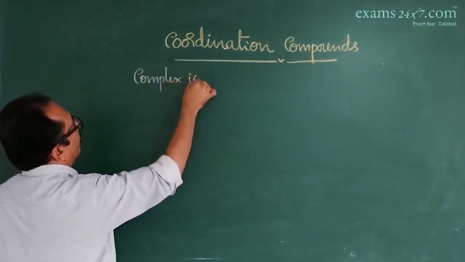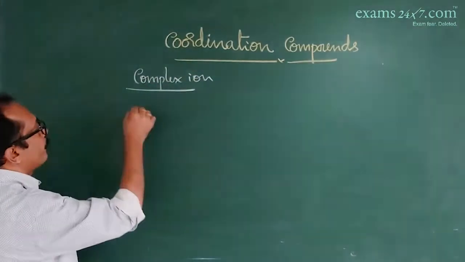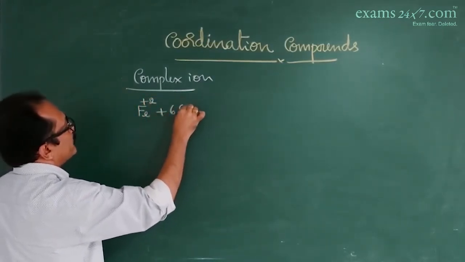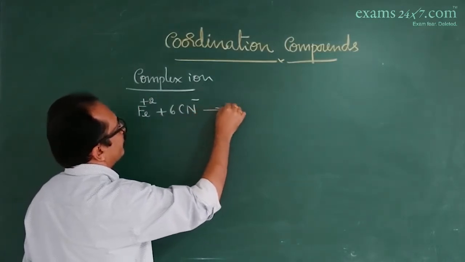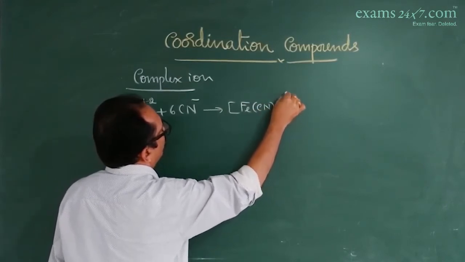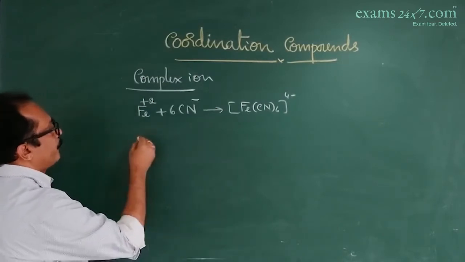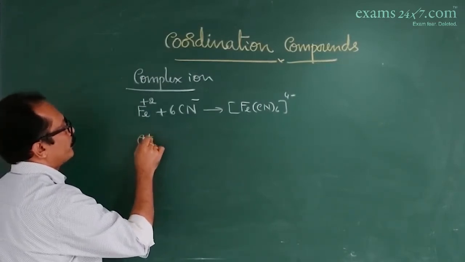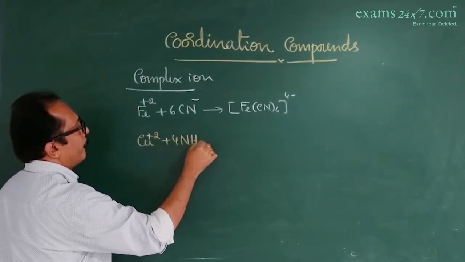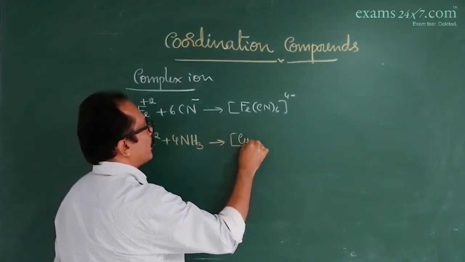For example, in the formation of ferrocyanide ion, ferrous ion Fe2+ combines with 6 cyanide ligands that gives ferrocyanide ion. Similarly, cupric ion Cu2+ combines with neutral ligand ammine that gives cuprammonium ion.